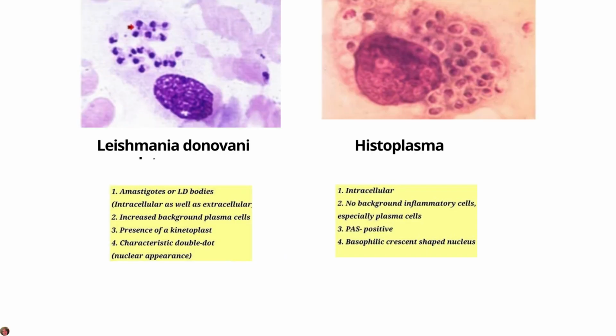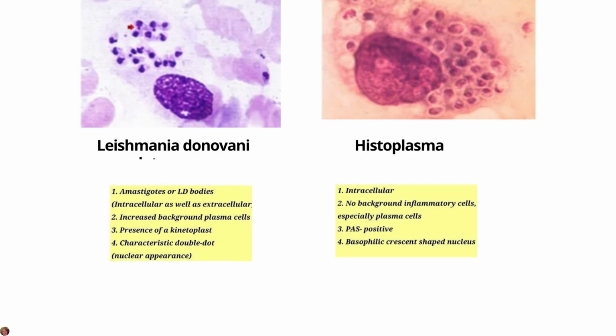Now let's look at both of them. Let's look at the differences between the LD bodies or amastigote forms of the leishmania as well as the histoplasma. These LD bodies can be intracellular as well as extracellular. But histoplasma is a parasite in which these structures are intracellular, and usually histoplasma does not have any background inflammatory cells, whereas leishmania does have increased inflammatory cells, and specifically plasma cells, which histoplasma does not have.